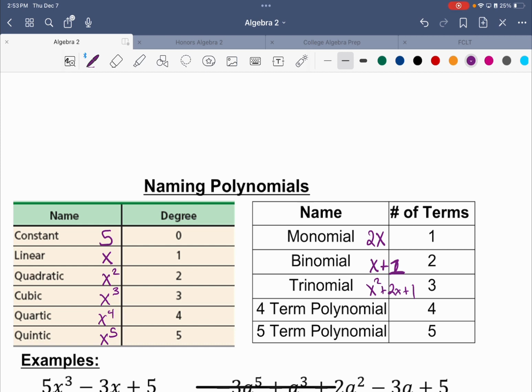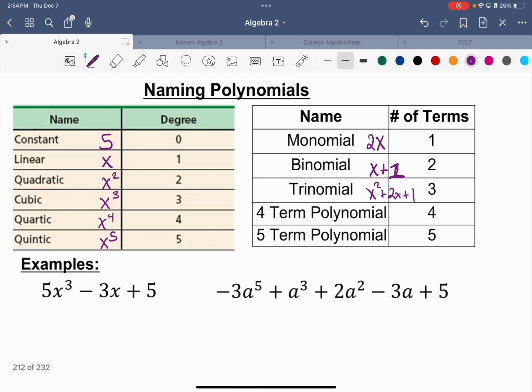So let's look at just two examples. You don't need to write the whole thing down. If I have 5x cubed minus 3x plus 5, first thing I do is check that it's in standard form. It's in standard form. Now, if we're just going to name it, the degree is 3.